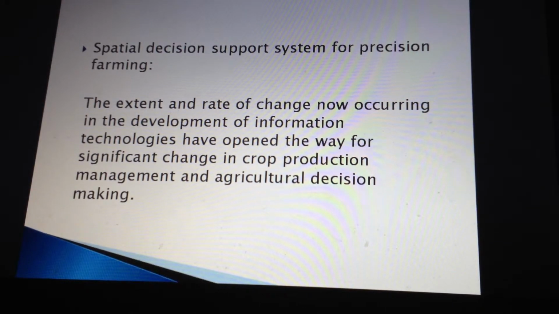Spatial decision support system for precision farming. The extent and rate of change now occurring in the development of information technologies have opened the way for significant change in crop production, management, and agricultural decision making.